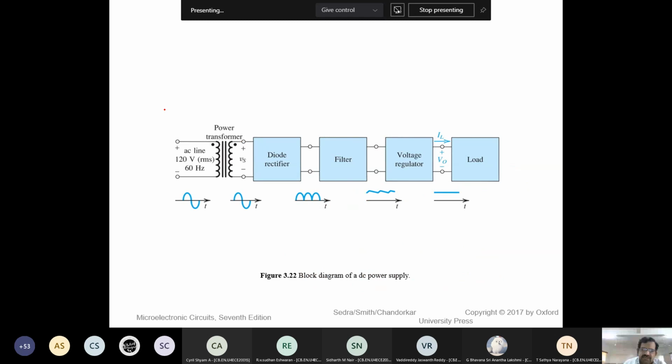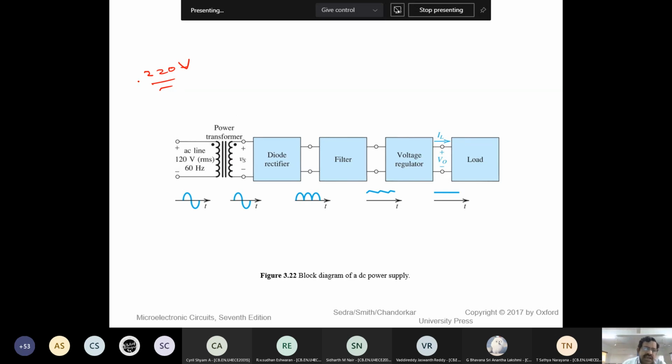This is a well known factor. Now, how do I get DC is illustrated in this block diagram. Typically the line that we get is 120 volts in the USA and some western countries. In India we get 220 volts typically with some fluctuations.